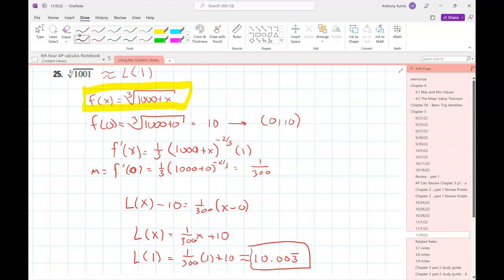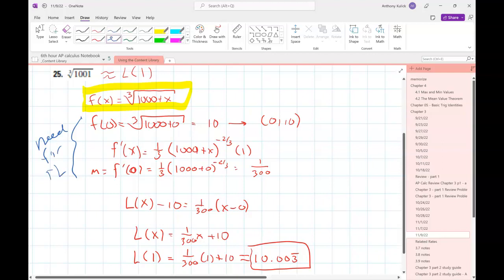So again, I need this to make my tangent line, right? I need the point and I need the slope. That's all I'm doing there, just getting the ingredients for my tangent line.